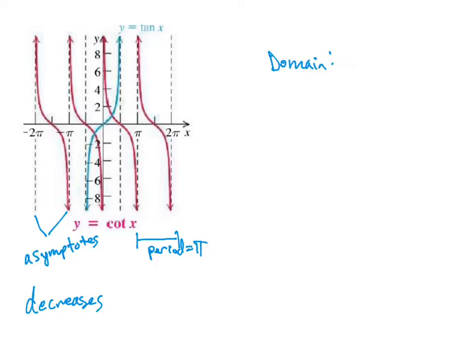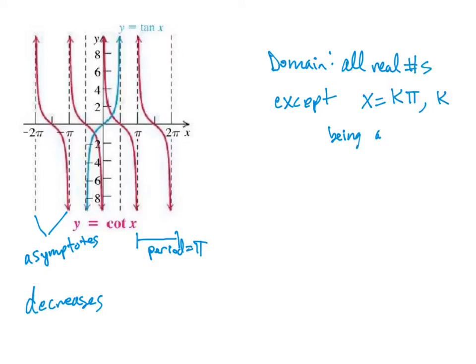The domain here is going to be similar to what we had with a tangent graph. We'll say that the domain is all real numbers except where x is equal to k pi, with k being any integer.